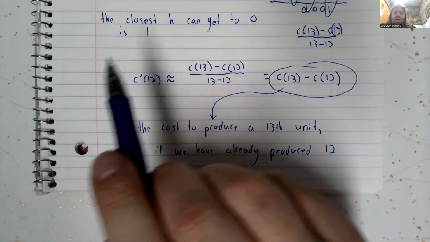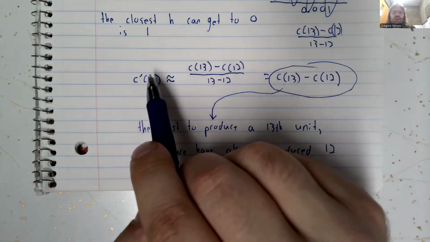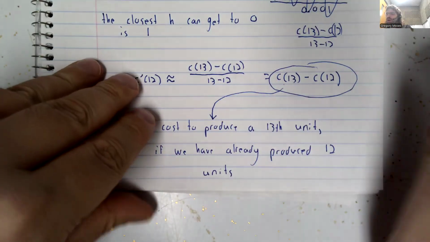In this context, we call the derivative of the cost function the marginal cost.